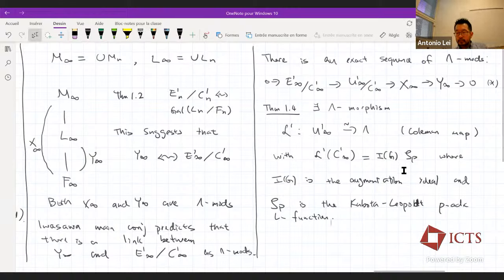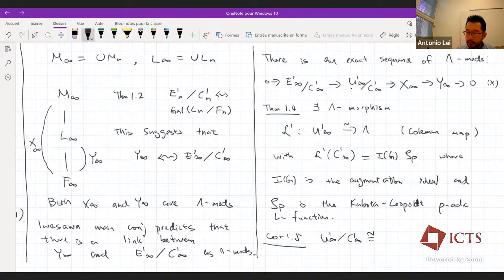Okay, so this is another interesting thing about cyclotomic units, that you can recover the Kubota-Leopoldt p-adic function via this Coleman map. So what this tells me is that this term is isomorphic to this quotient.